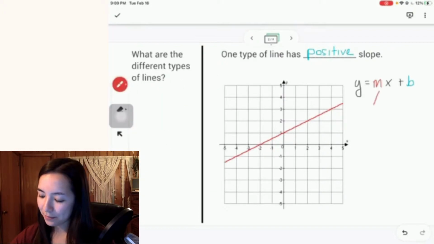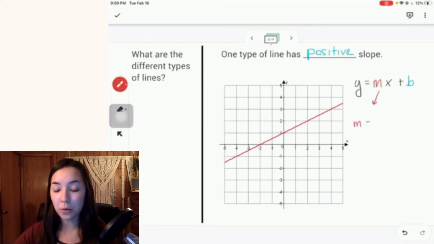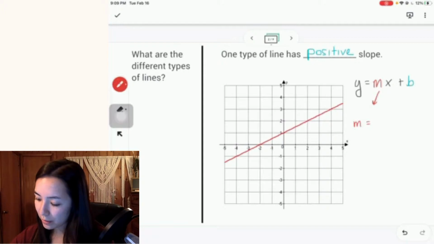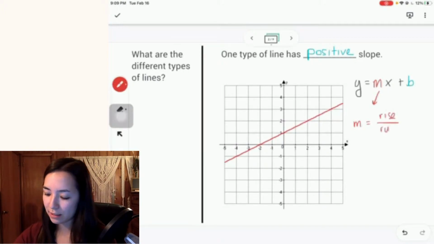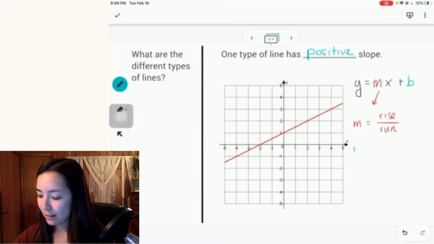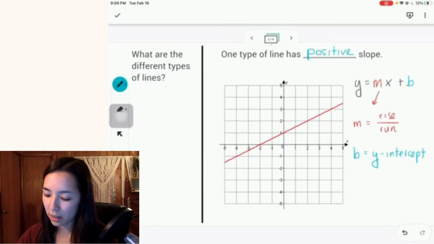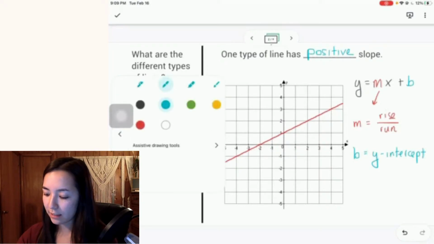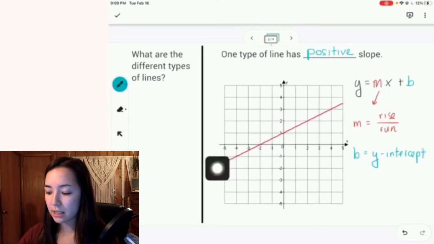M is our slope, which we can find by finding the rise over the run. B is our y-intercept, which we can find by looking at where our line crosses our y-axis.